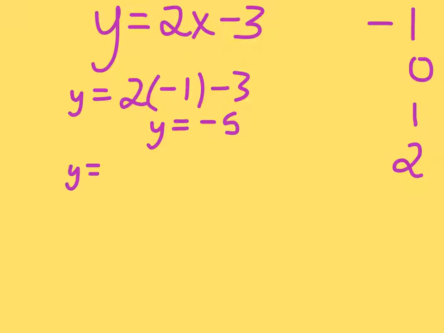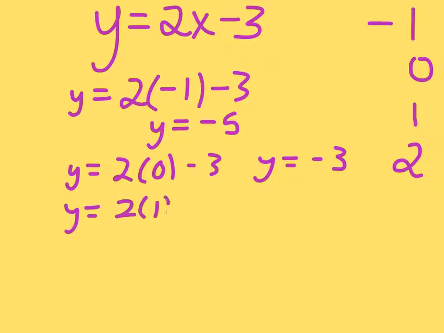Y equals 2 times 0 minus 3. 2 times 0 is 0 minus 3 is y equals a negative 3. Plug in 1. Y equals 2 times 1 minus 3. 2 times 1 is 2 minus 3 is a negative 1.